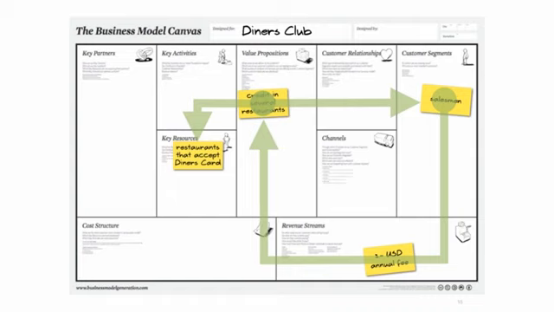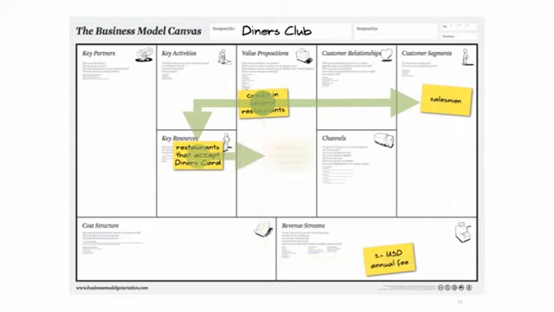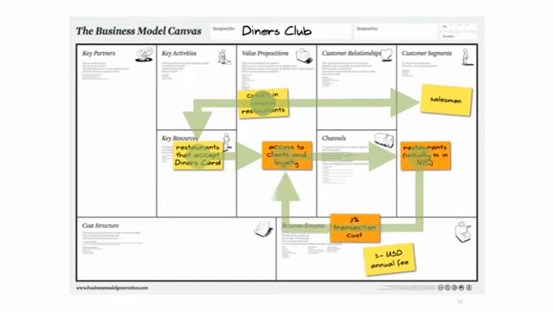Well, that they would have a series of restaurants first that would accept the Diners card, and then they would expand to other areas. So they had to attract the restaurants, and they would offer the restaurants access to very loyal clients, which would attract the restaurants, which is the other target segment that they were looking at. And that would allow them to earn money from the transaction cuts from the customers.